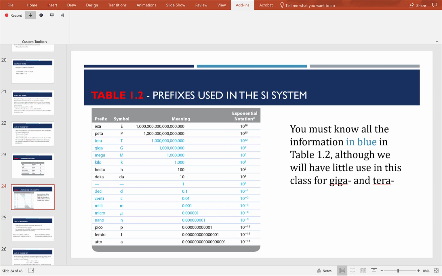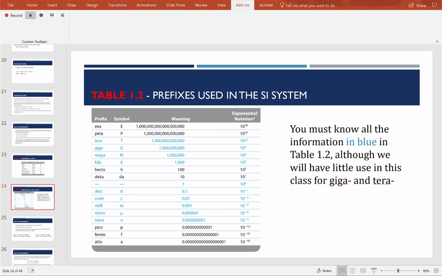As far as these values go, I want you to know all of the prefixes that appear in blue on this table, although tera and giga are probably not quite as important in chemistry. And when I say know, what I want you to do is be able to know the full prefix, know the symbol, know the meaning and exponential notation, and to the best of your ability, be able to do it in words.